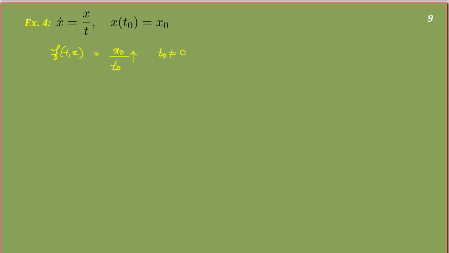So this function is continuous everywhere other than at t0 equal to 0. If you are given t0 equal to 0, we will not be able to find a solution for the system. And in all those places where it is continuous, the solution exists.